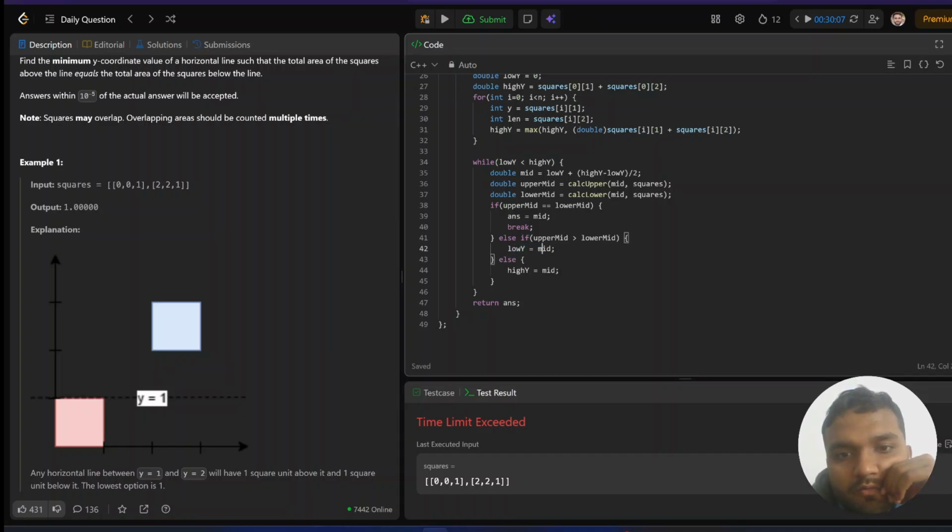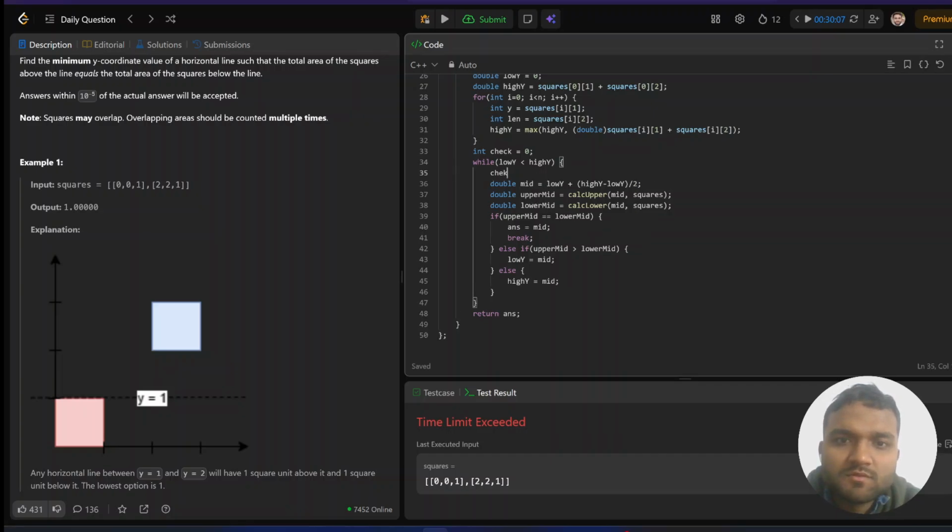Low is equal to mid, high is equal to mid. Nothing, just to check.